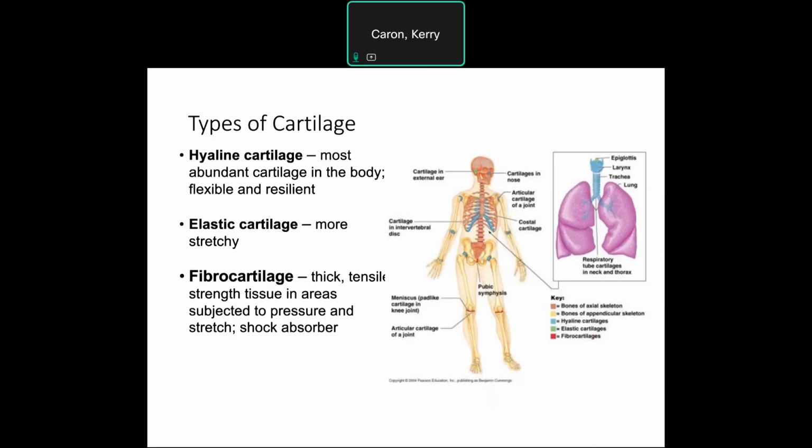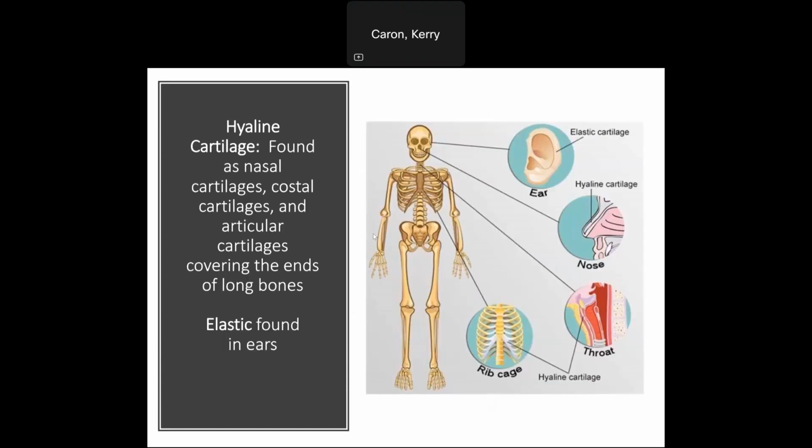Okay, so as you can see in this picture here, we've got cartilage in our ear, that's a permanent cartilage, in our nose, some articular cartilages in our joints, in our intervertebral discs. The pubic symphysis has cartilage, and also our joints down here. So hyaline cartilage is found in our nose, some in our costal cartilage, articular, and it covers the ends of long bones.